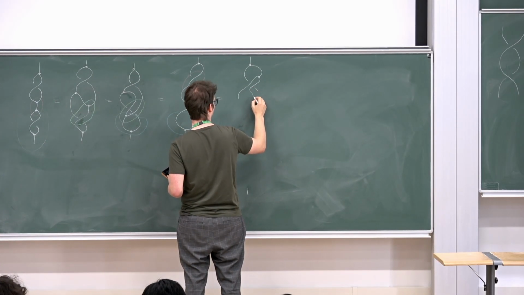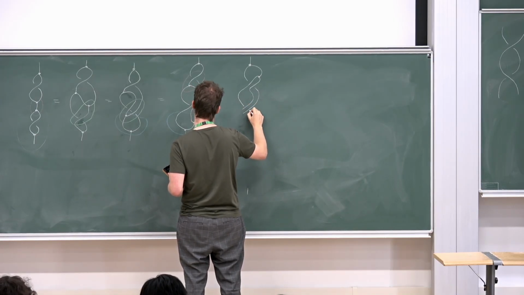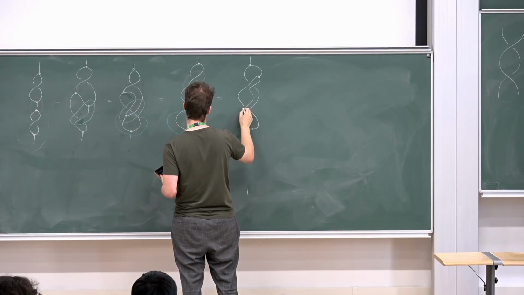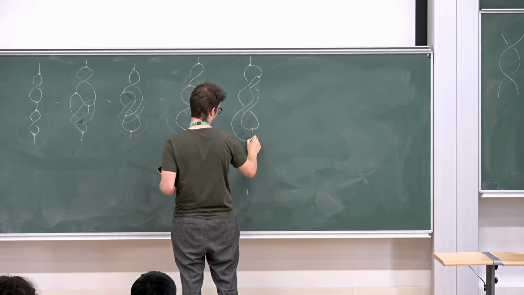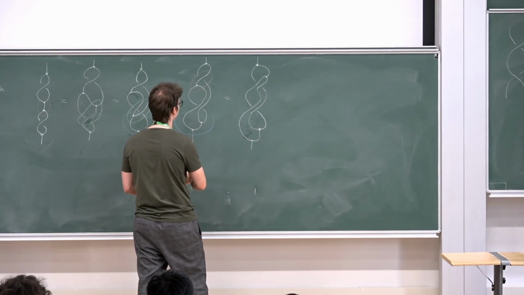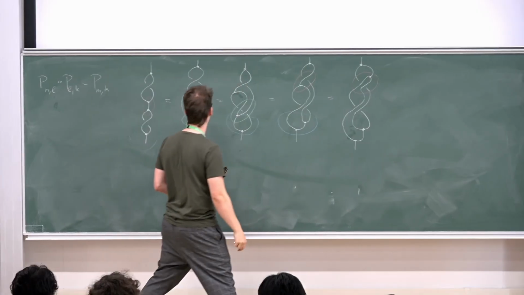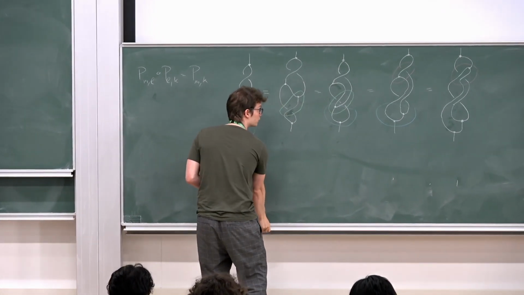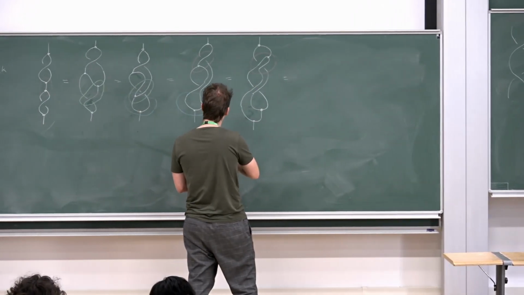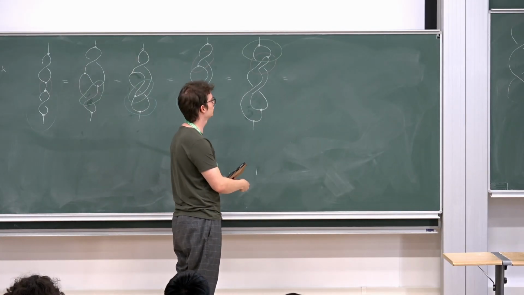The other one. So, very similar to here. Same thing, we use the naturality of the braiding. And now we can use the associativity of the multiplication.